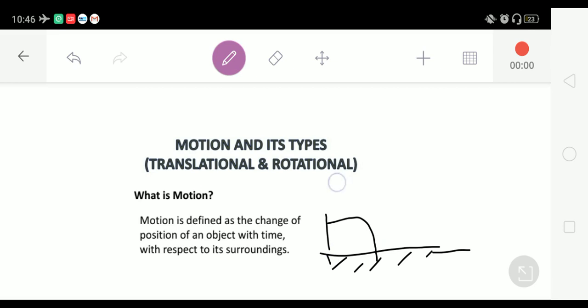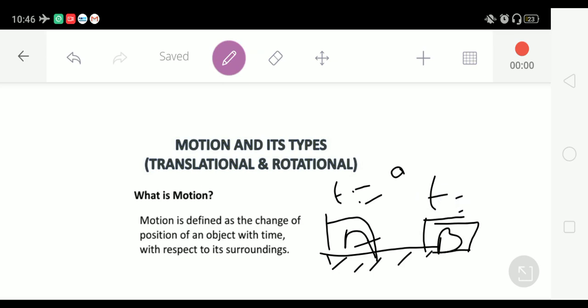At time t equals 0 seconds, what happens after 2 seconds? If the block changes its position, the block moves from point A, where it was initially, to point B, at t equals 2 seconds.